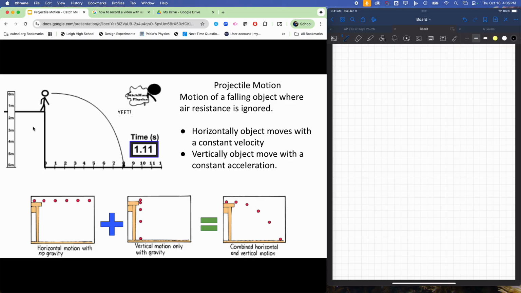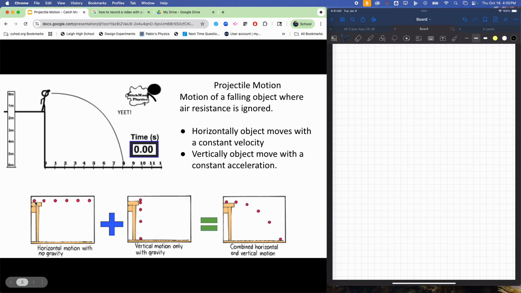And so here's another animation of what we did in class. So instead of two marbles being dropped at the same time, this person's throwing a ball, and then this object is dropping a ball. And so the motion of a falling object where we ignore air resistance and it's moving horizontally is called projectile motion. So horizontally, the object is moving at constant velocity. And that's what this diagram here is.